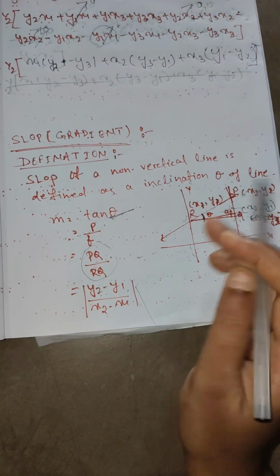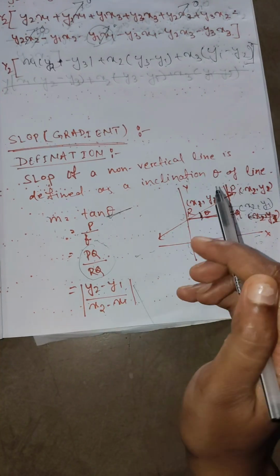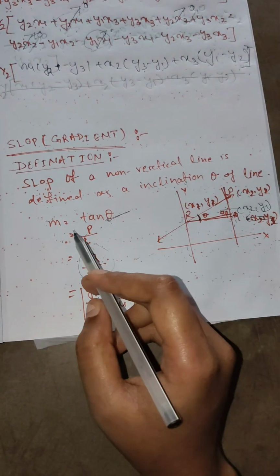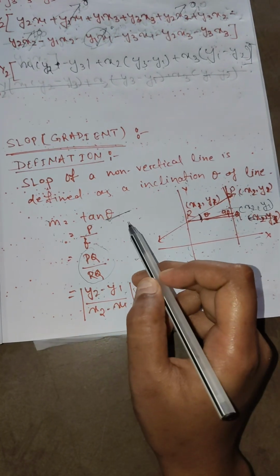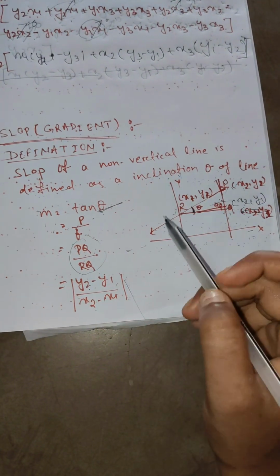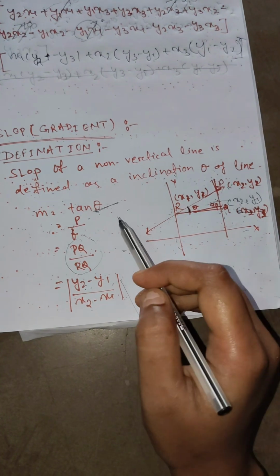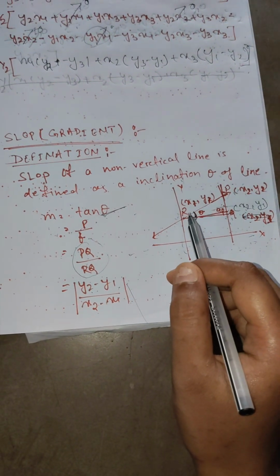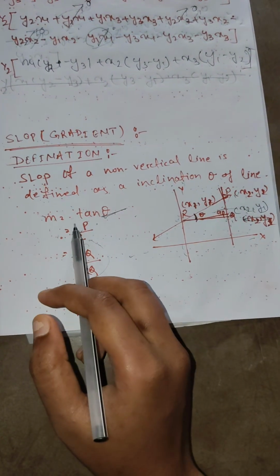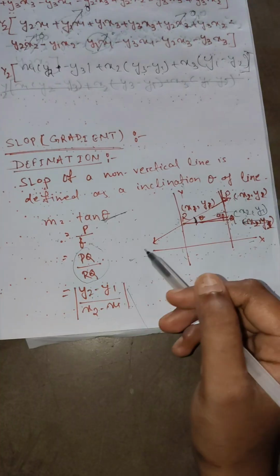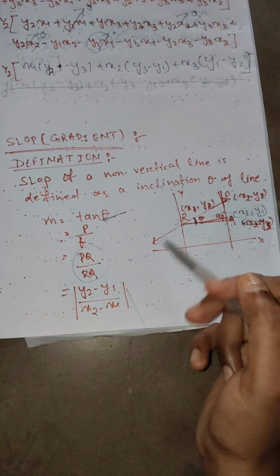So if a line is placed vertically, then the inclination angle theta is 90 degrees, and tan 90 degrees is infinity, so the slope is not defined. And if the line is placed horizontally, then the inclination of the line is 0. That makes tan theta equal to tan 0, which is 0. That is, the slope of the line is 0.